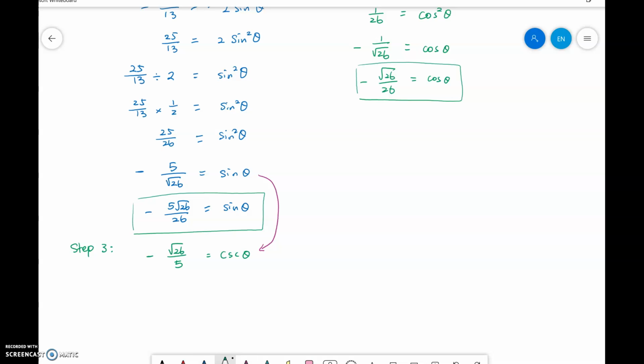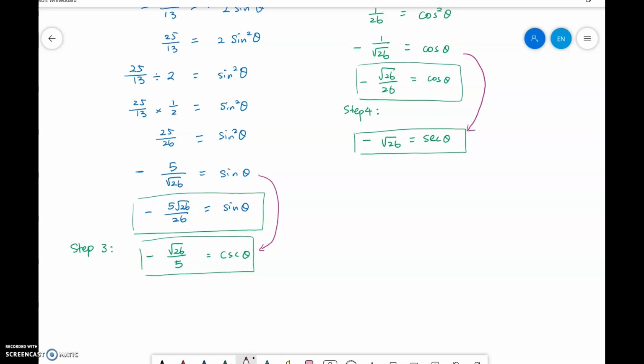So I got cosecant of theta equals negative square root 26 over 5. Step 4, I have the cosine, so secant equals negative square root of 26. Still the same thing: I'm finding the reciprocal of the pre-rationalized one.